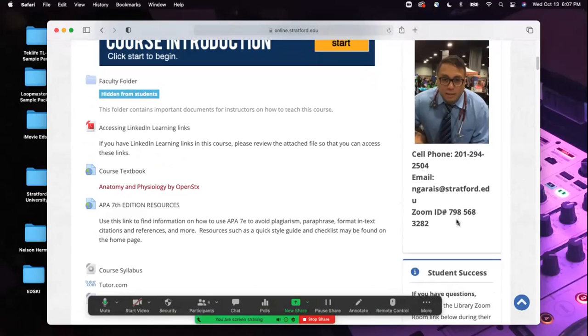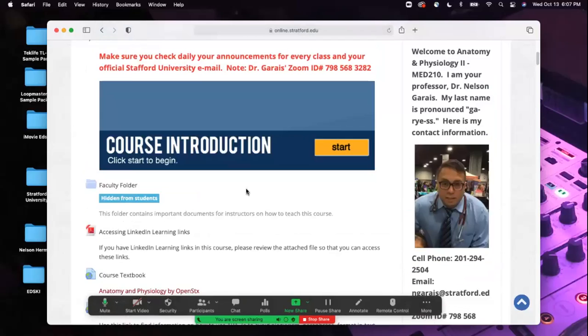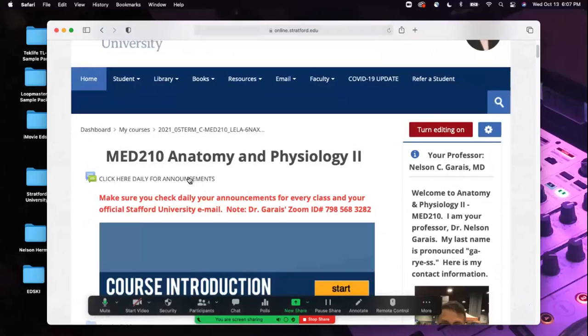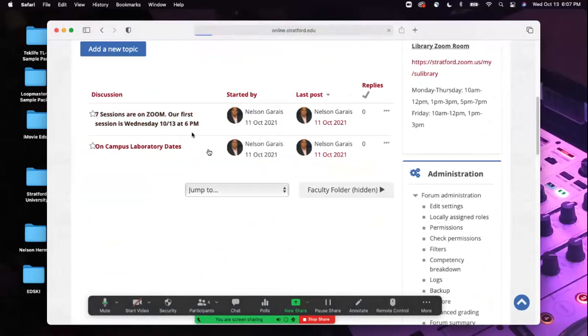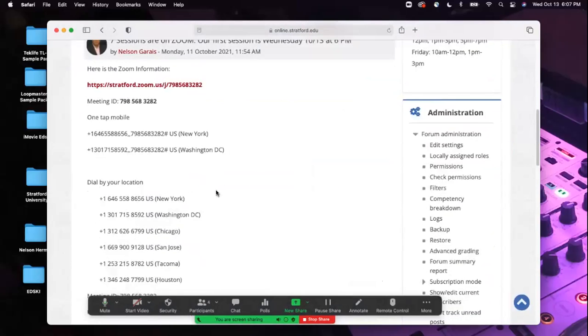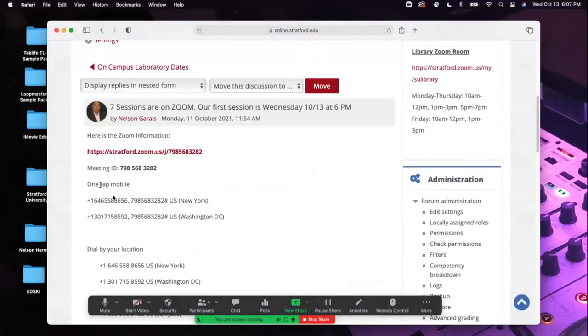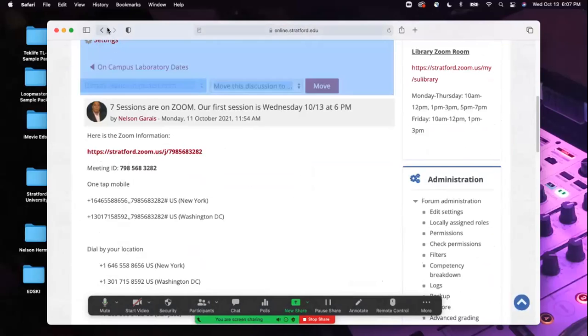And of course, the Zoom ID number for this class, 798-568-3282, or if you look up in your daily announcements, here for our first session, there's the Zoom information here as well.